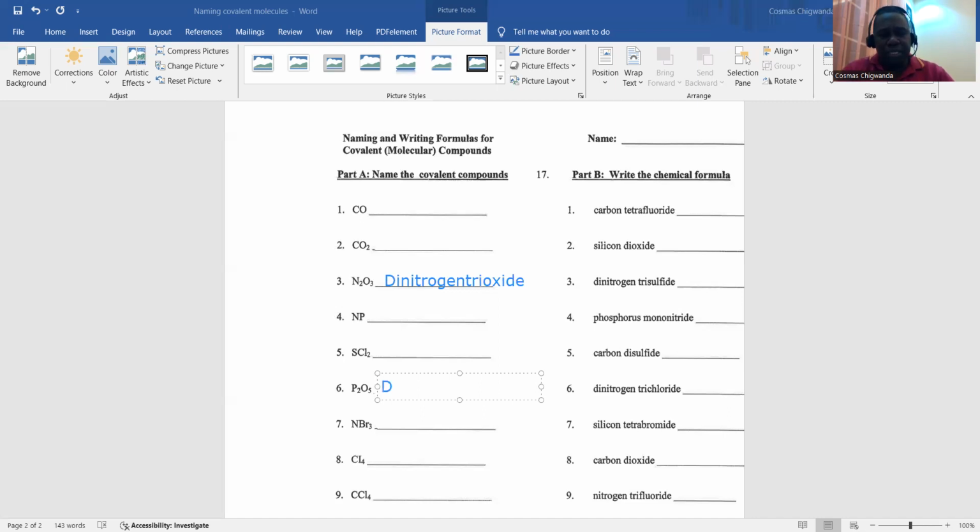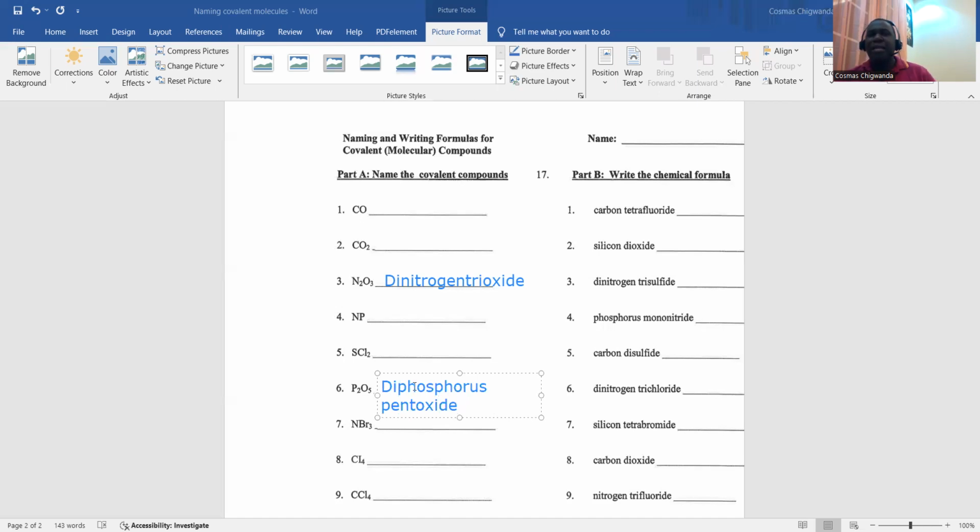So it's going to be di, phosphorus, and then penta, because there are 5 oxygen, but the oxygen will change. So I will not say diphosphorus pentaoxygen. I will say diphosphorus pentoxide. So that's how we name covalent molecules.